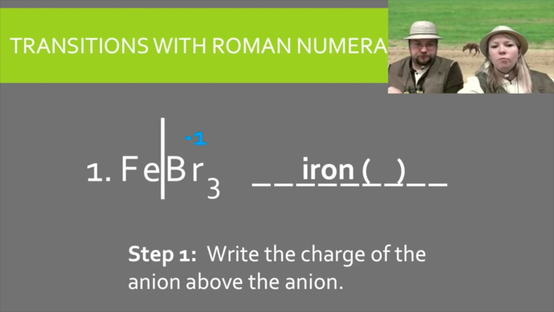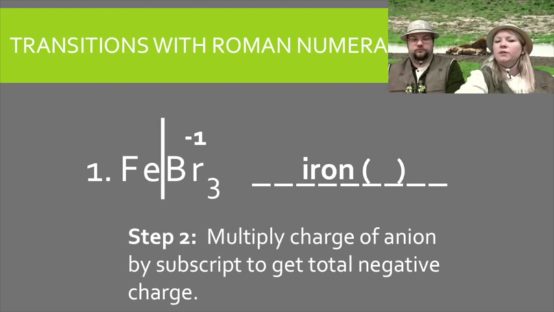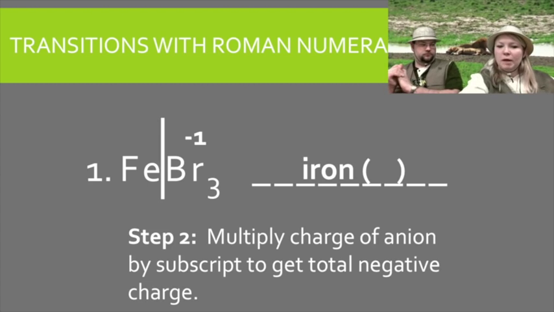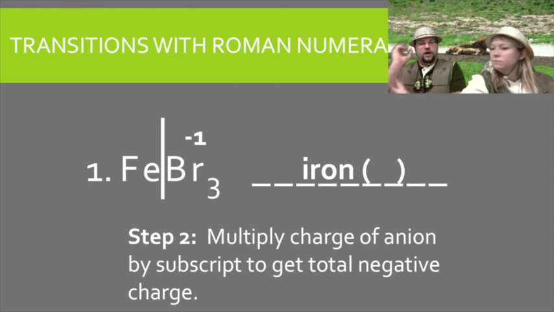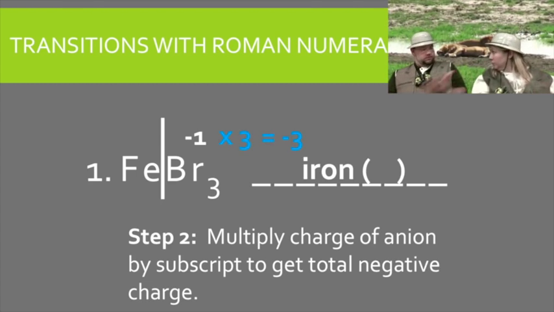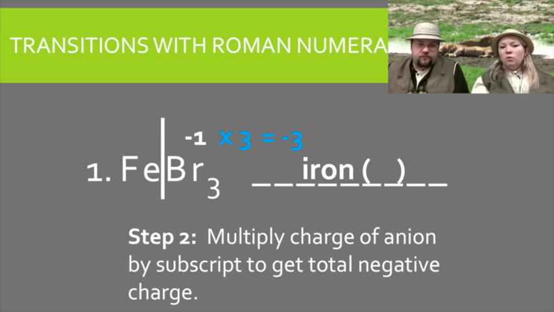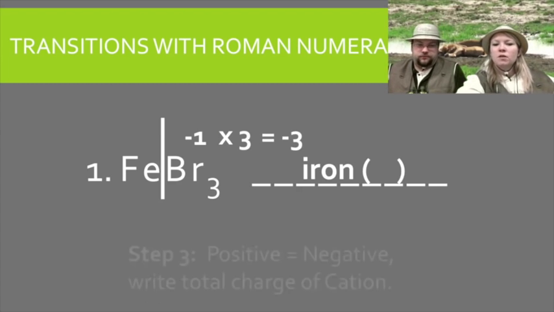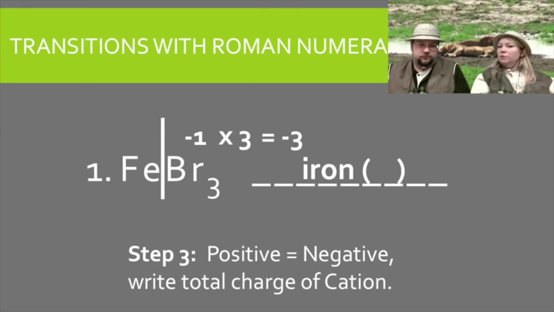Step 2 is we're going to take that charge and multiply by the quantity. If one Br has a -1 charge and I have 3 of them, it would be a -3 charge total. Now the positive has to equal the negative.